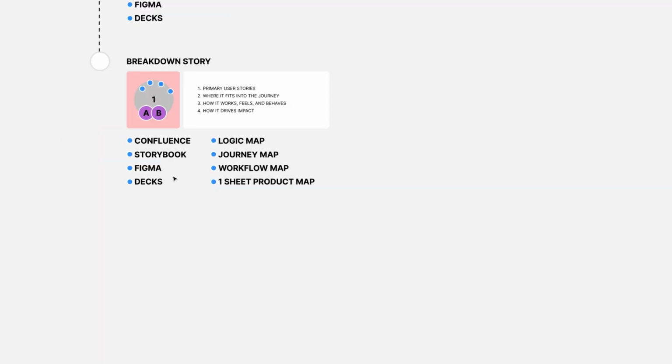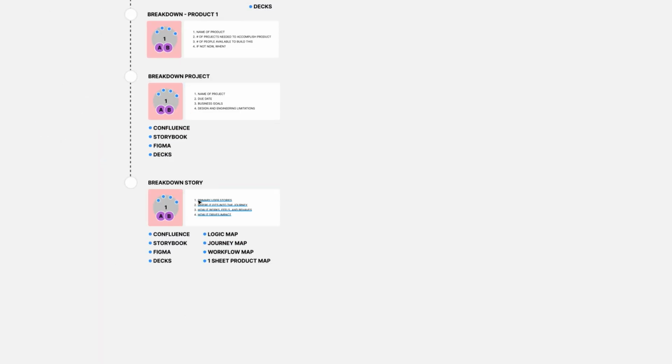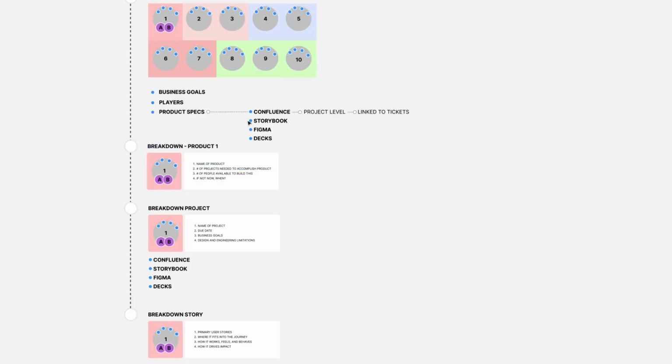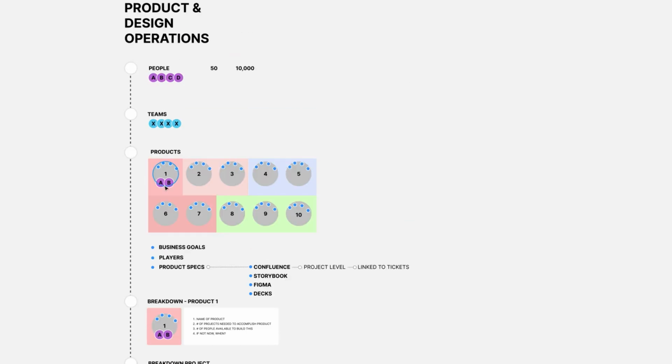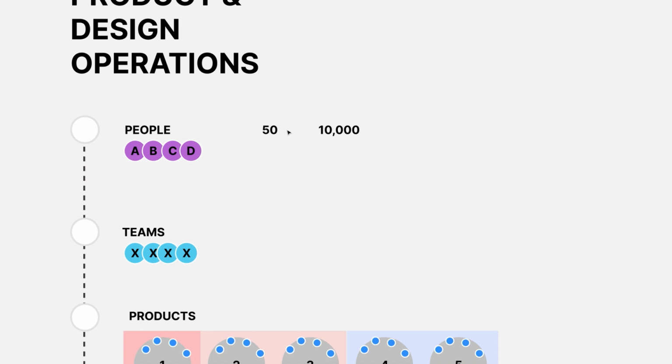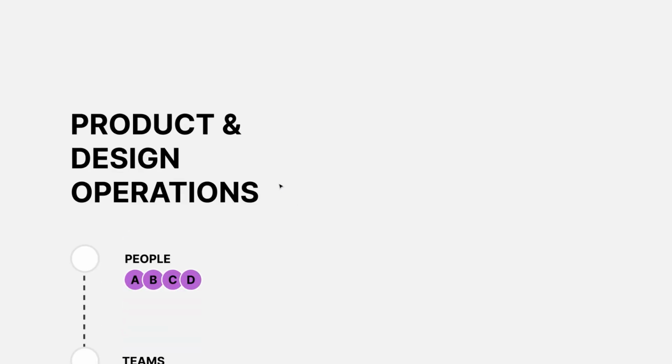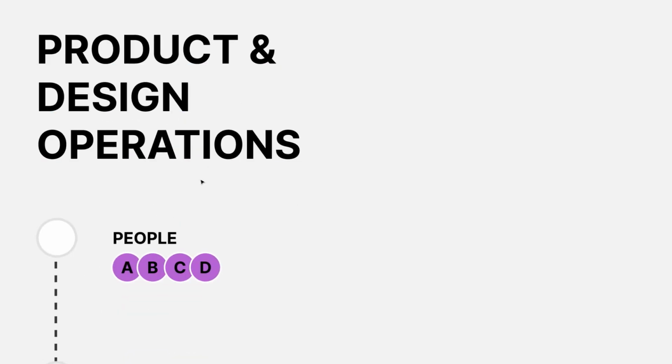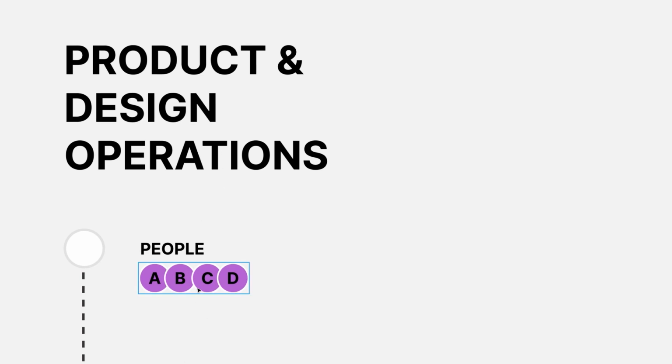Cool. So with all these things, breaking down stories, breaking down projects, breaking down products, breaking down the team involved and how it works, and of course breaking down the people and understanding your overall people inside your organization. This is really important to understand, and this is what I would call mapping to learn.